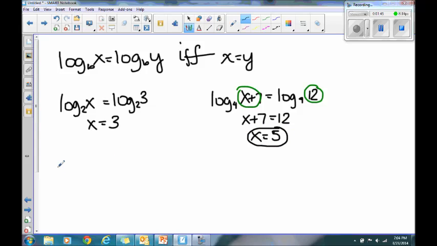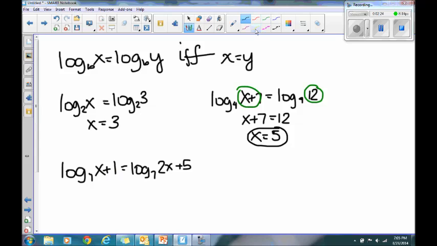Now, of course, when we're solving equations, they aren't always going to be that short and sweet. Let's keep something small for a little bit longer. Let's say we have log base 7 of x plus 1 equals log base 7 of 2x plus 5.